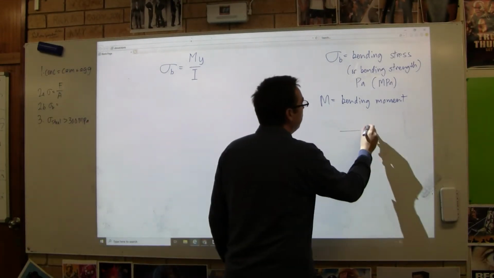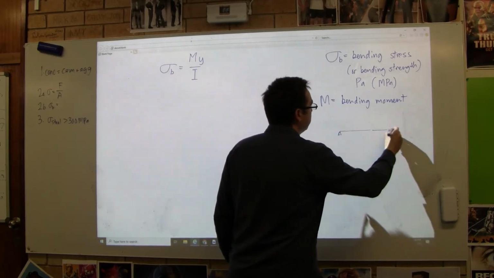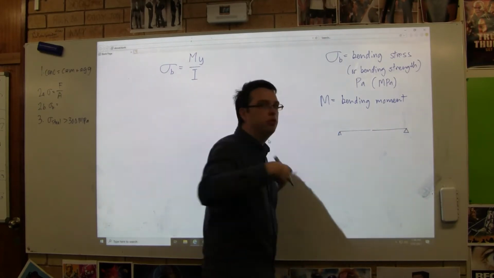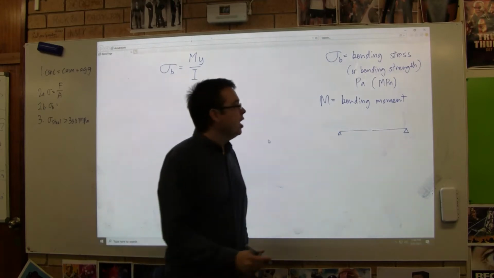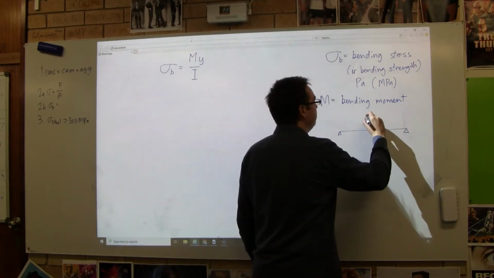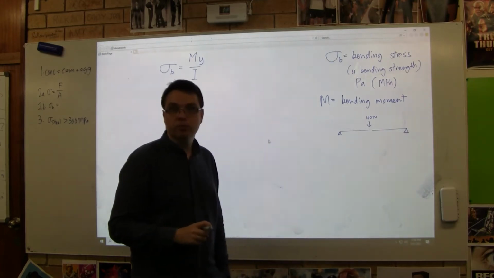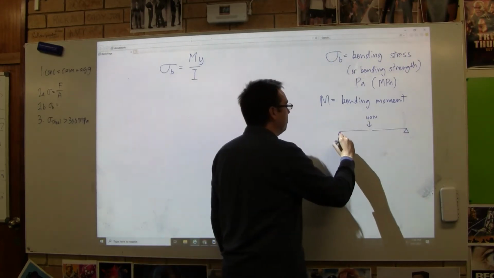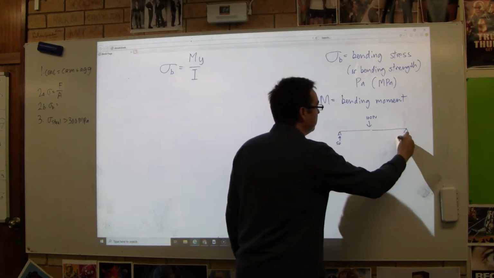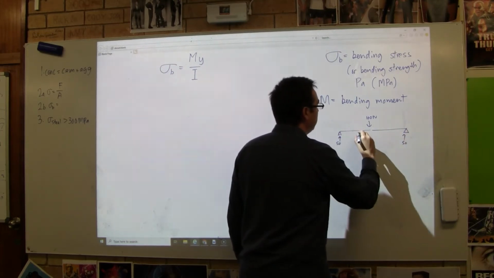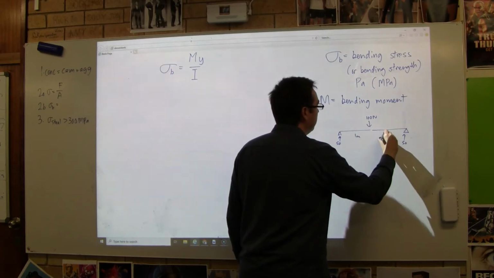We know that the sum of the forces is going to equal 0, and the sum of the moments is going to equal 0. If I have 100 newtons down, what are my 2 reactions going to be? 50-50, excellent. Let's say, just to make things easy, my beam is 2 meters long, so this is 1 meter and 1 meter.